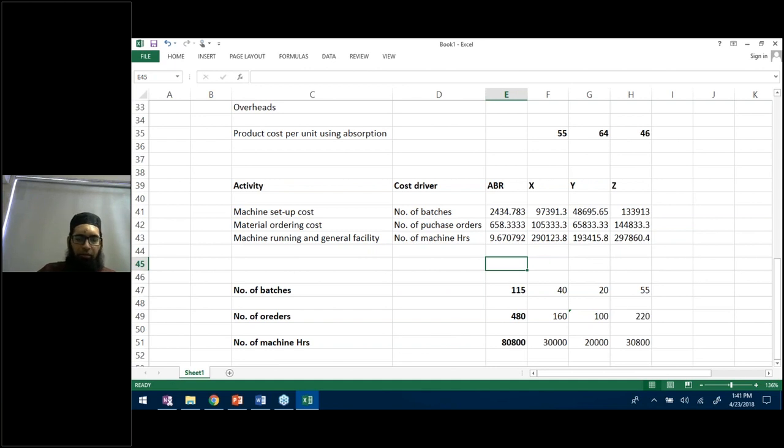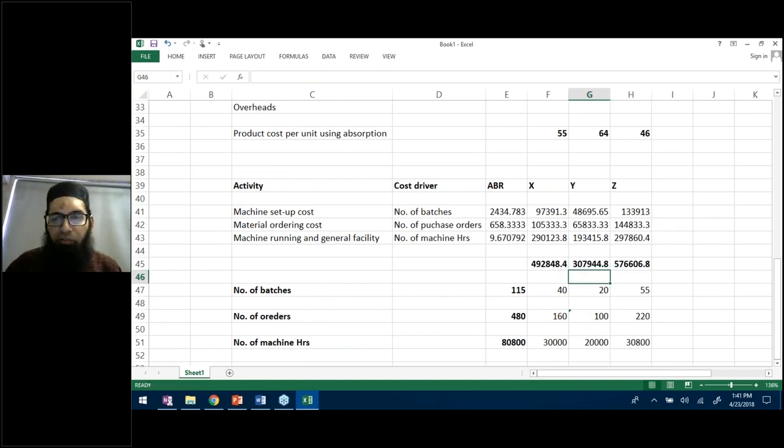Now when I make a total, this will be the total overheads using activity based costing for product X. If I copy and then paste it, I will get the answers of product Y and Z as well. But remember that this is total overheads, not the per unit.